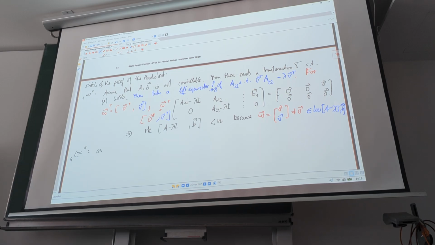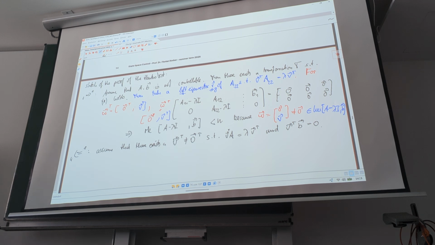So basically assume that there exists a vector V, which is not a 0 vector, such that V transpose A, so again a left eigenvector, equals lambda V transpose, and V transpose B equals 0.